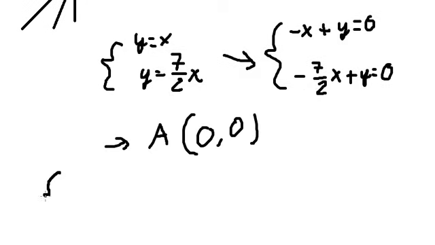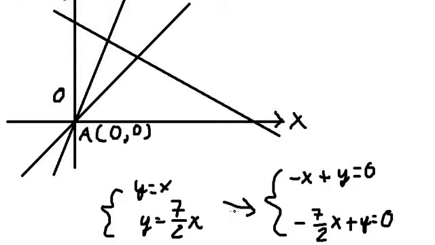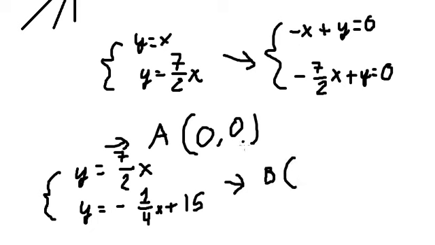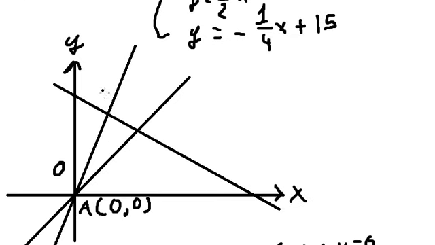Now we do similar for the second one. So this one we do the same, and we can find the point B. So we have 4, 14, and that is in here.